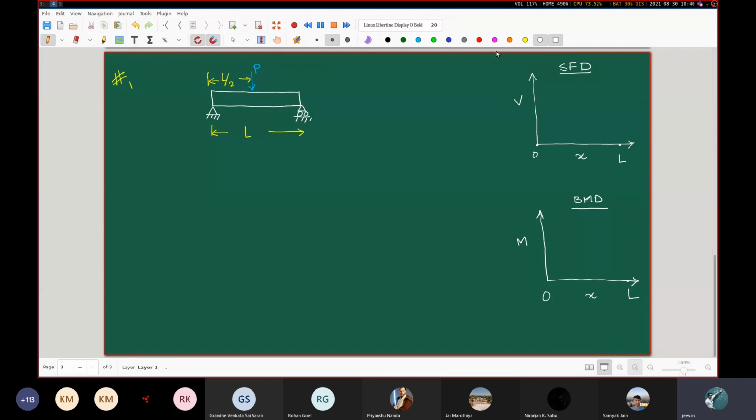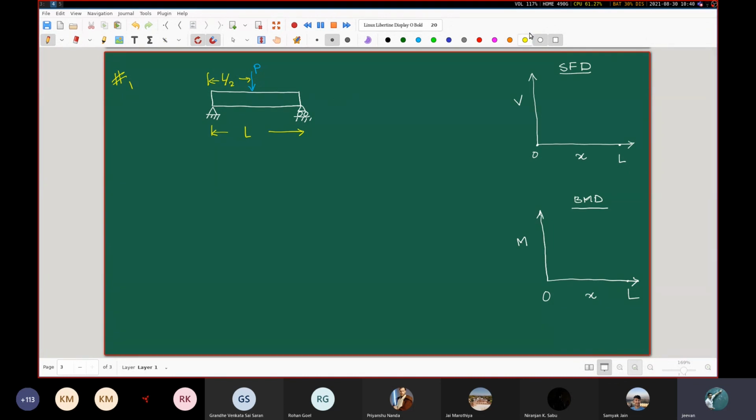How do we go about doing that systematically? The first step is to find out the reaction forces at the left end and the right end. Without that, you cannot draw a complete free body diagram. I will not go into the trivial details of that, because for a very straightforward situation like this, you can immediately understand that because this force is very symmetrically loaded at x equal to L by 2, the force at the left end will be P by 2 and the force at the right end will be P by 2.